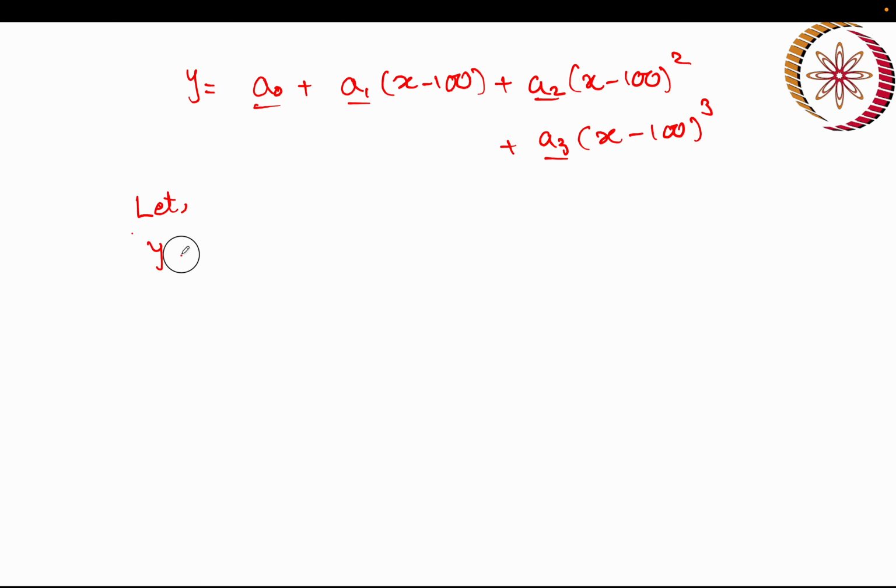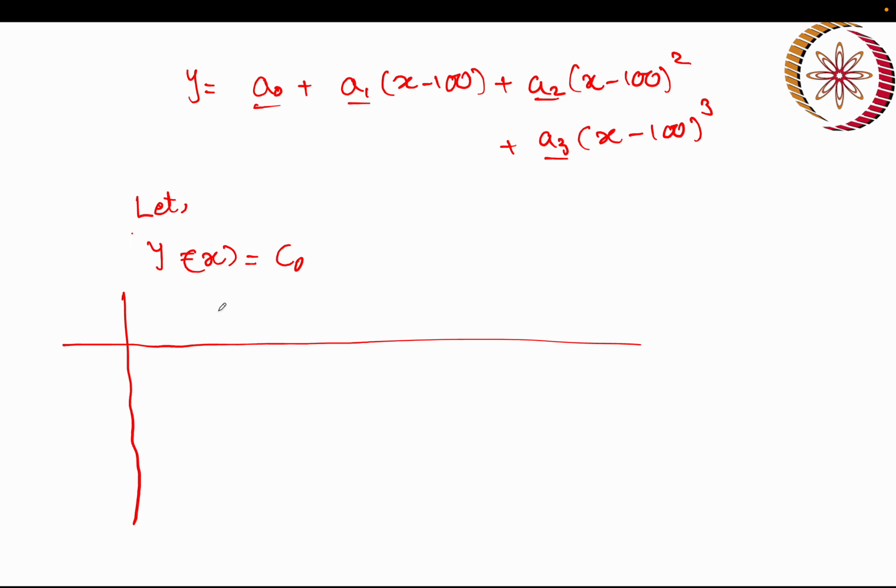So let y of x be a constant, let's say c0. If y is constant, let's make the table. Let's say we are making the difference table.